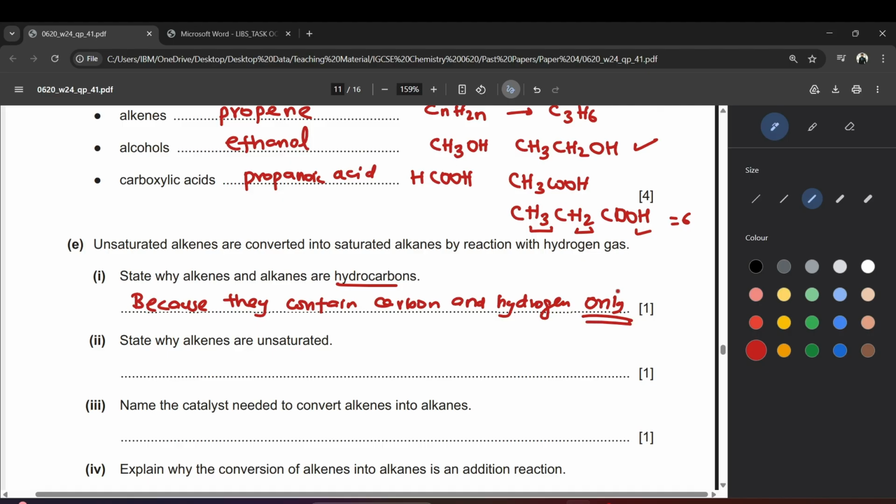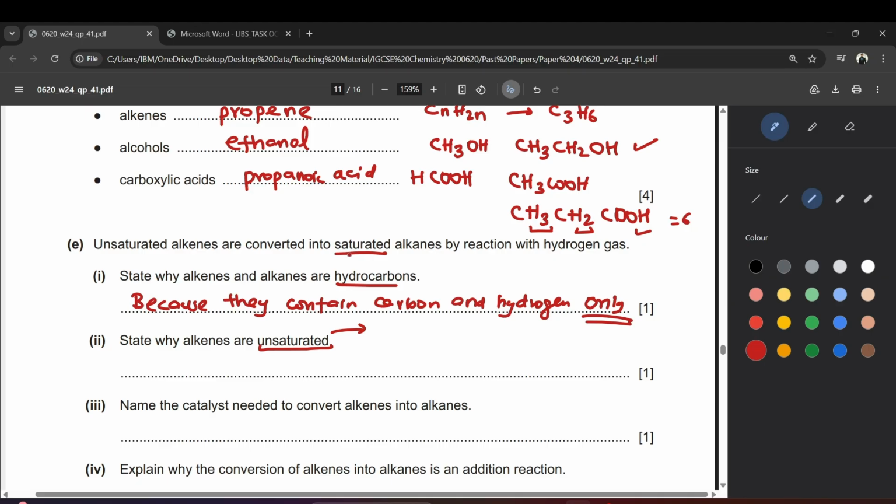Then it says state why alkenes are unsaturated. First of all, what do we mean by unsaturated? Saturated means that all the carbon to carbon bonds that you have are single covalent bonds.